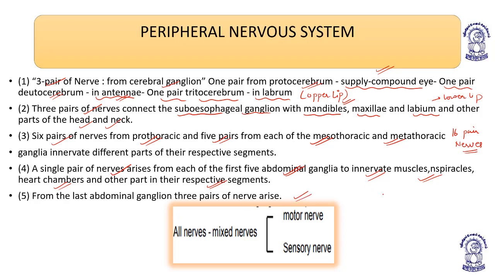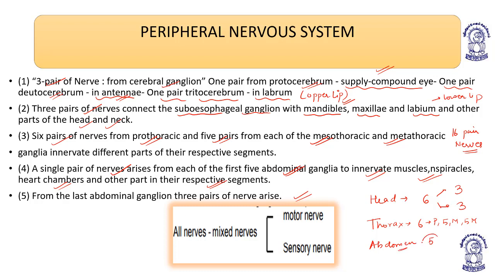So from the head region, around 6 pairs of nerves: 3 supraesophageal and 3 subesophageal. From the thorax region, 6 prothoracic, 5 mesothoracic, and 5 metathoracic. Then the abdominal region, 5 abdominal ganglia.